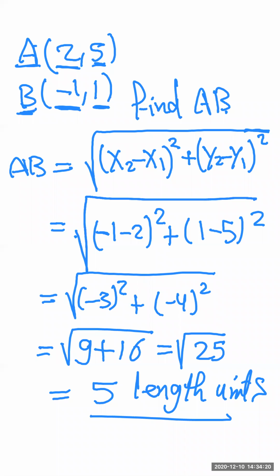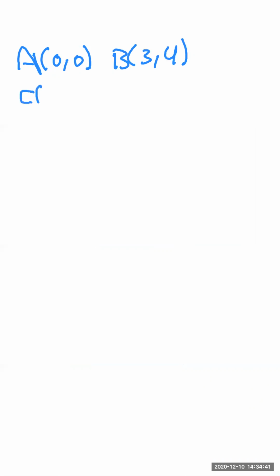The next question. If ABC is a triangle where A is (0, 0), B is (3, 4), C is (-4, 3), find the perimeter.